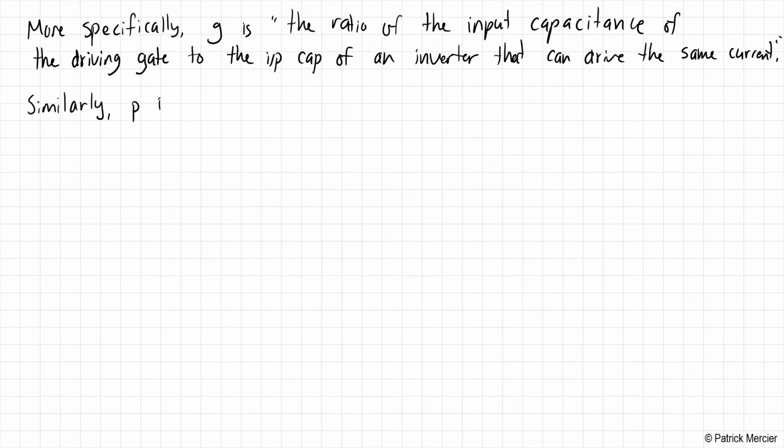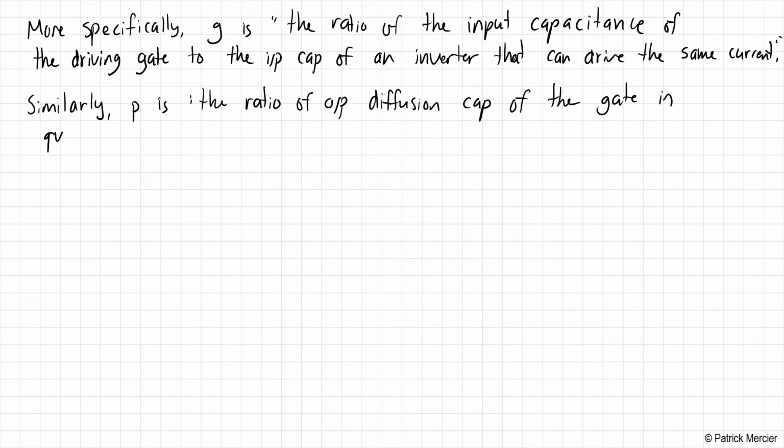Similarly, P is, quote, the ratio of output diffusion capacitance of the gate in question to the output diffusion capacitance of an inverter.